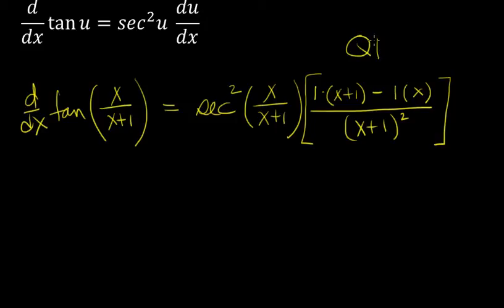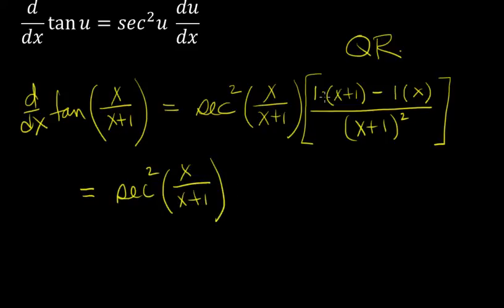So that's right there, I'm using the quotient rule. You certainly need to know the quotient rule and the product rule so that you can just use them naturally. Alright, so let's simplify. Secant squared of x over x plus 1 times, and this is x minus x, so we just have 1 on the top, and that will be times 1 over x plus 1, the quantity squared. That's our derivative.